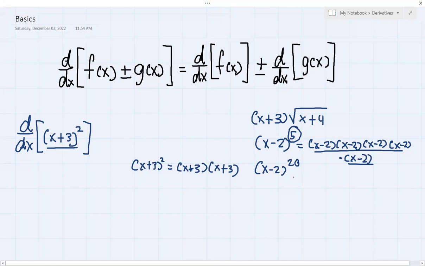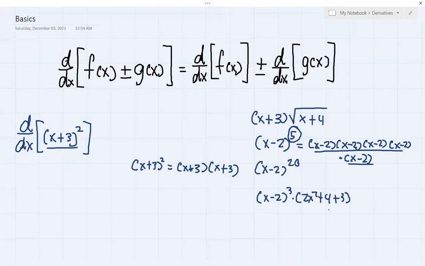Okay? Another thing, okay, what if, let's just say meron tayong x minus 2 raised to 3 times 2x squared plus 4 plus 3. Do you think you can expand this one? The answer is yes, pwede naman. Kaso mahaba nga lang. Mahaba, like super haba talaga.